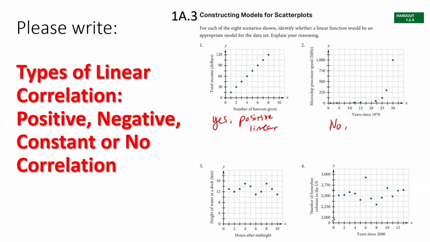Can anyone tell me what kind of correlation it is for bonus points? Exponential. Good job, Jordan. It is not linear, but it is an exponential correlation.